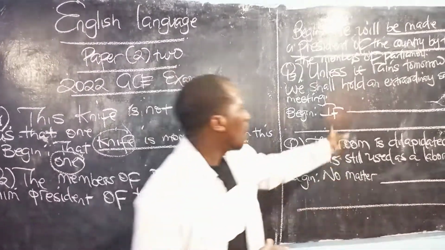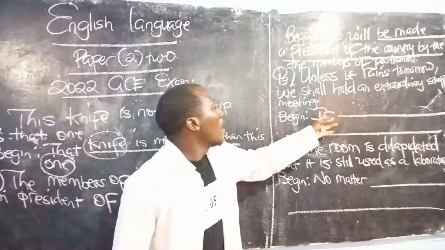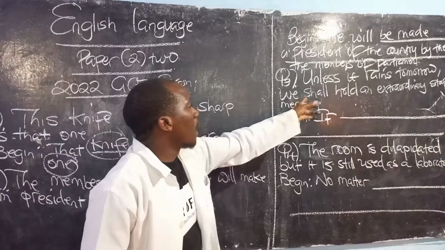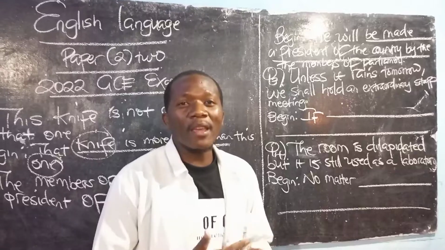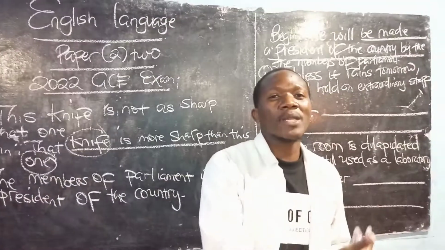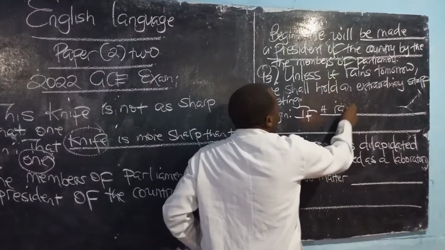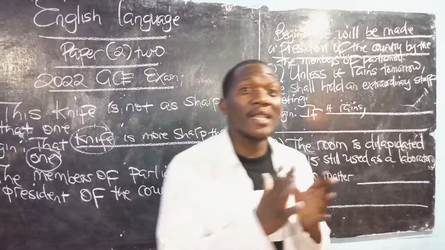Question 3, that's a conditional rewrite, and when we start with unless, in as much as it doesn't contain negativity, we're going to bring in the word if, which is supposed to mean the same. Well, we're going to say, unless it rains tomorrow, we shall hold an extraordinary staff meeting. When we say if, we are trying to assume as if it rains, what then will simply happen? So we're going to say, if it rains, we are allowing a certain coincidence to happen.